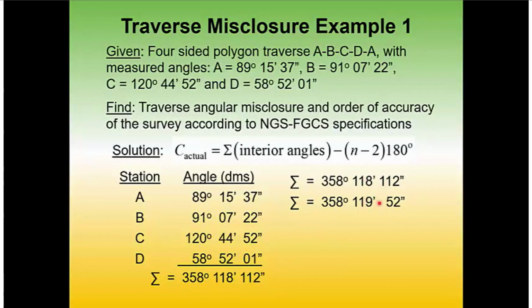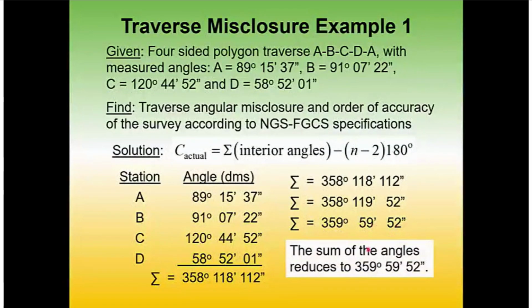So it's 119 minutes 52 seconds plus 358 degrees. But again, this is not in a standard form. We need to get this into the range of 0 to 60 minutes. And so this is really 59 minutes plus an extra degree, or 359 degrees, 59 minutes, and 52 seconds. So the sum of the angles reduces to 359 degrees, 59 minutes, and 52 seconds.